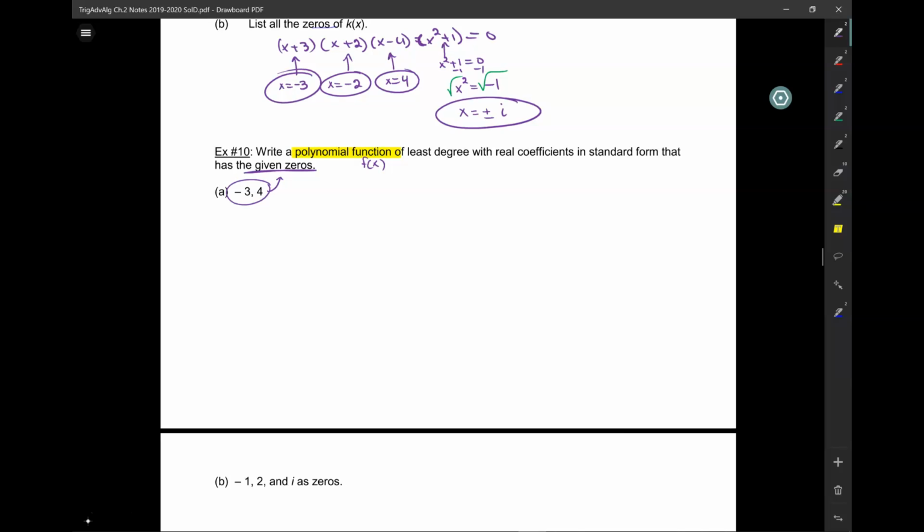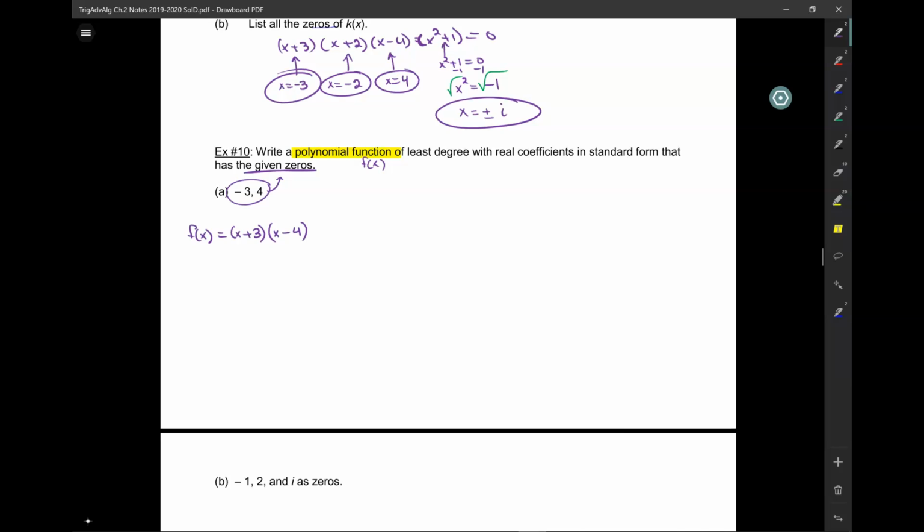So, the first thing we do is we say, okay, we need a function f of x. Each of those zeros gives us a factor. The zero at negative 3 gives me x plus 3. The 4 gives me x minus 4. Just make sure, though, you take the opposite sign.